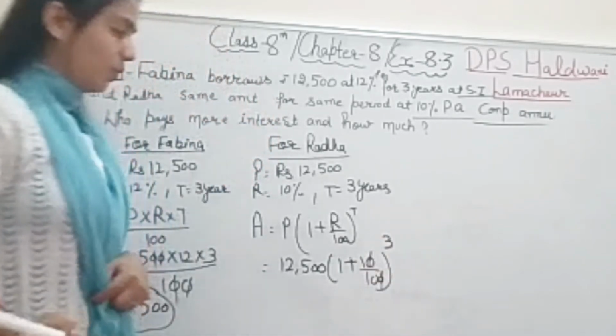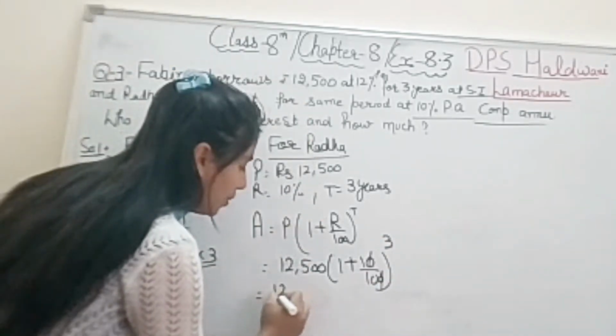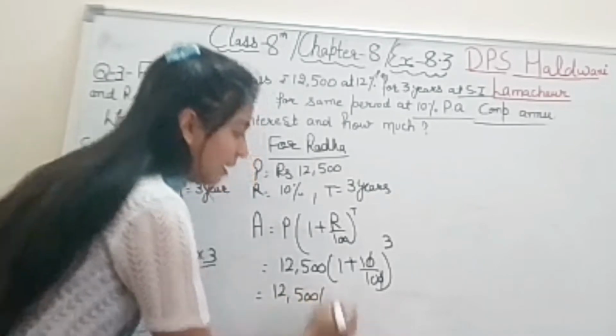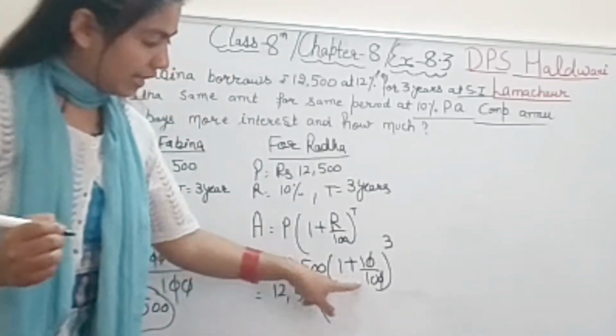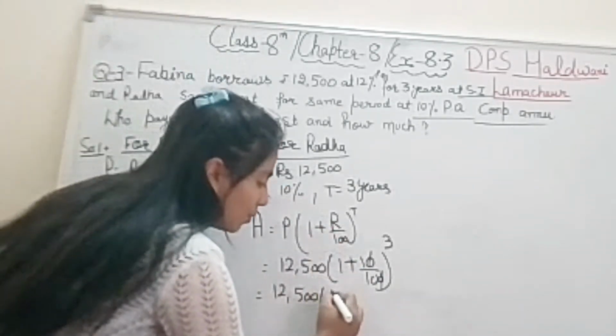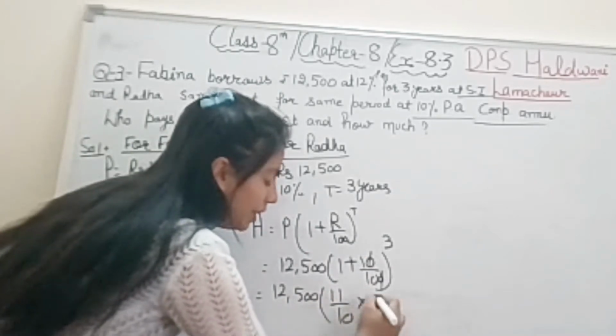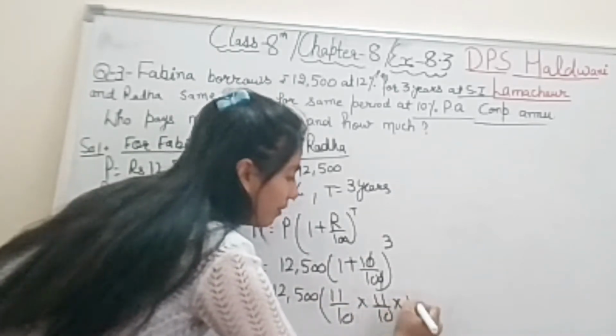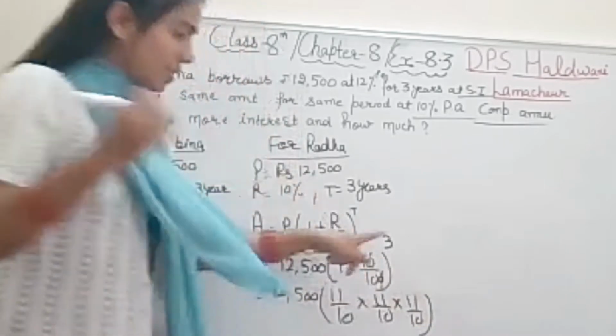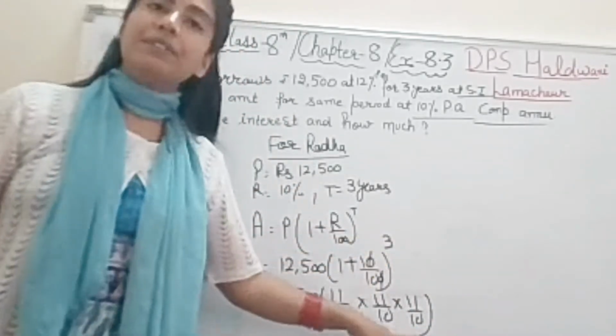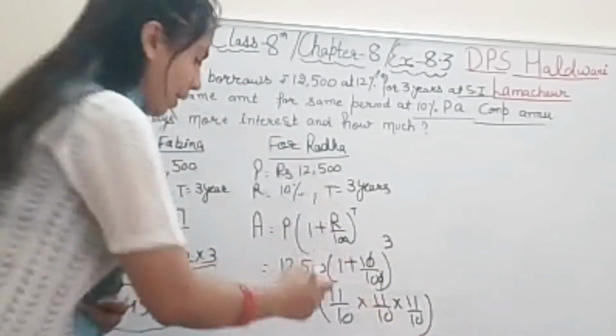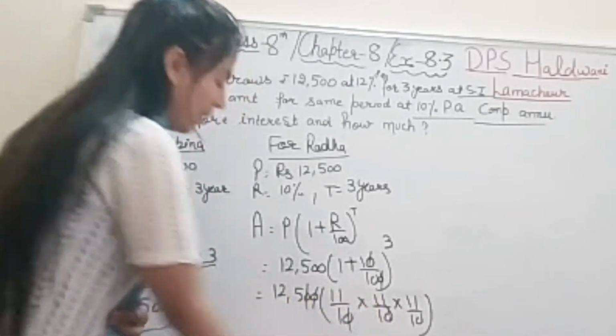So 10 will cancel out with 100. Now next is 12,500. Now see, students, LCM, 10 plus 1 is 11. So 11 upon 10 into 11 upon 10 into 11 upon 10. Why? Because 3 times. Right, students? Now 100 can cancel out with 10.